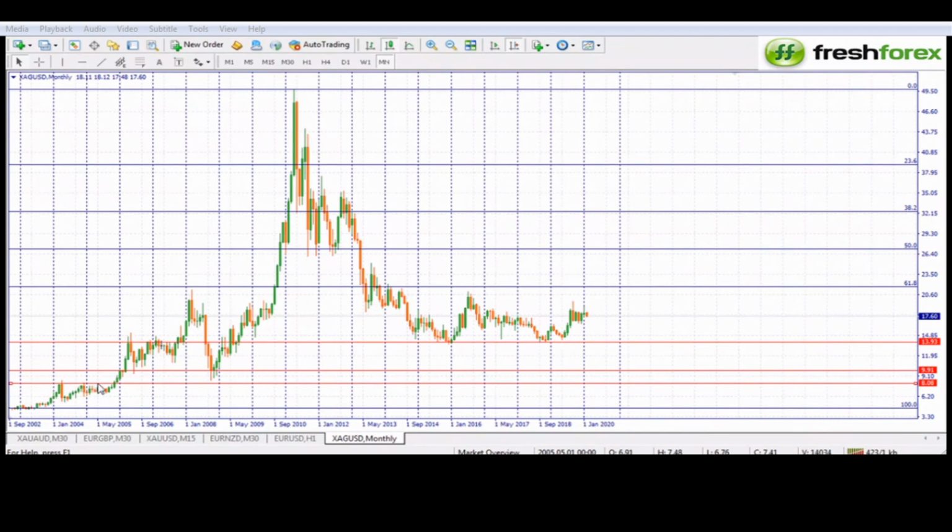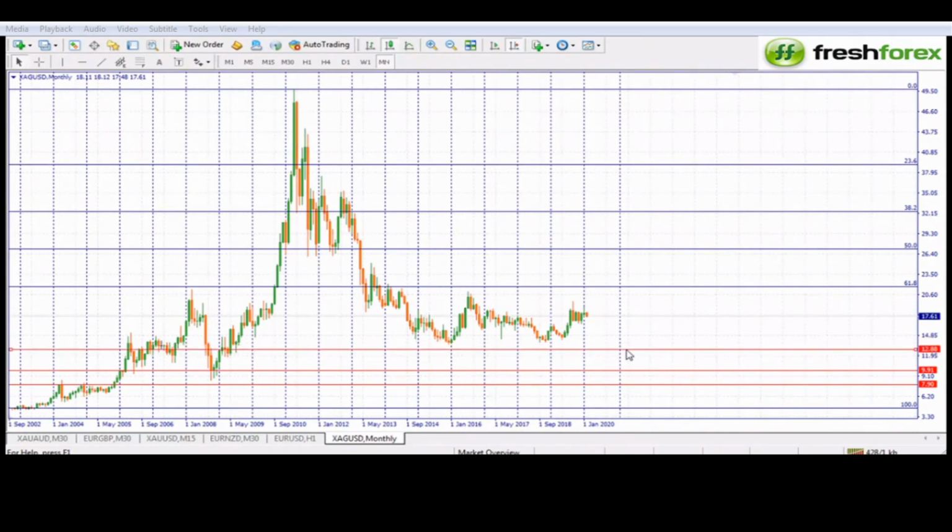The reason I've drawn these close to each other is that these two are a very good level, 61.8% being a very good level at the top. So if the price now is to proceed upwards, then we actually expect it to go up to this level, the 61.8% fib level, or it comes down up to this level, 13.4.